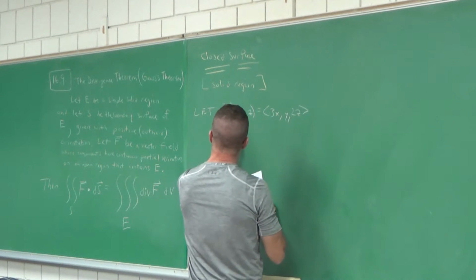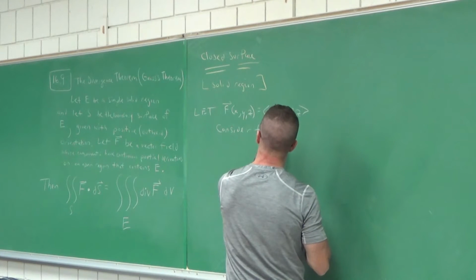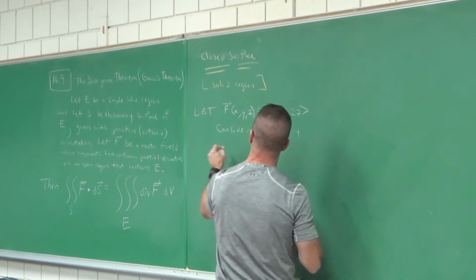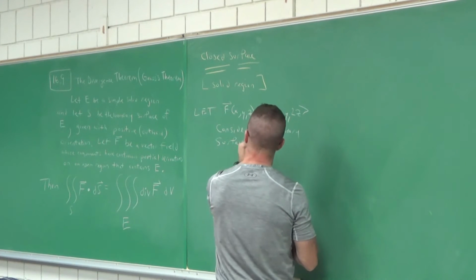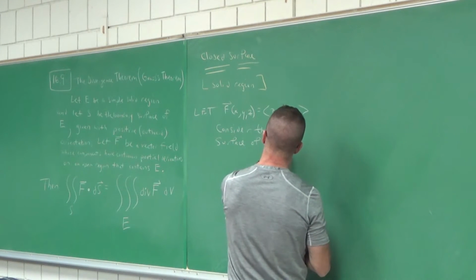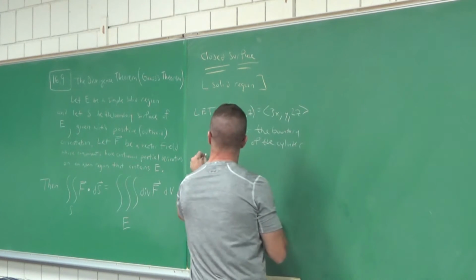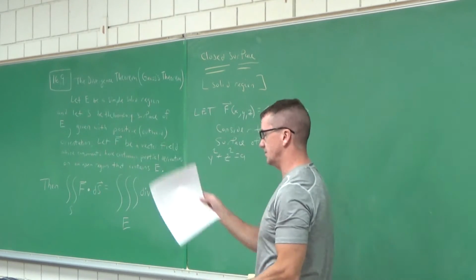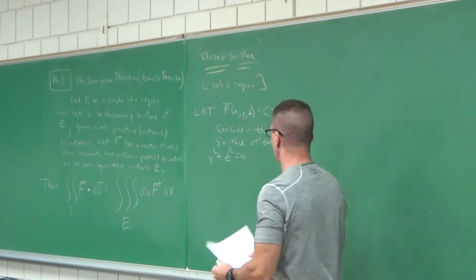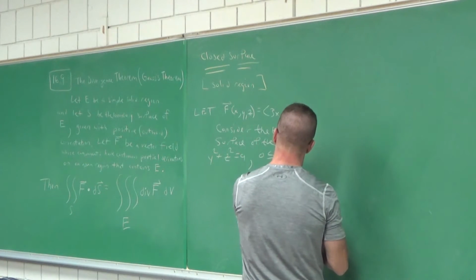Well, consider the boundary surface of the cylinder. And if you don't want to write all this out, you can use this document right here with the number 2, for 0 less than or equal to x less than or equal to 4.